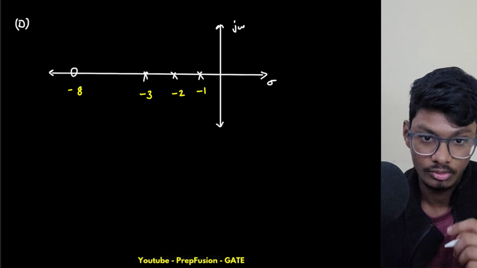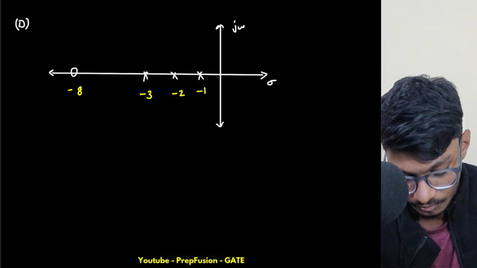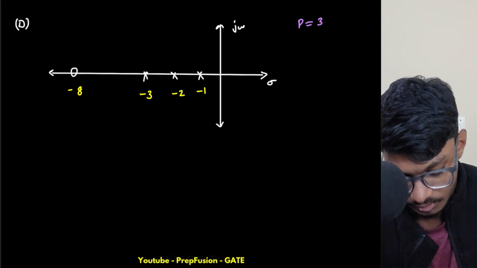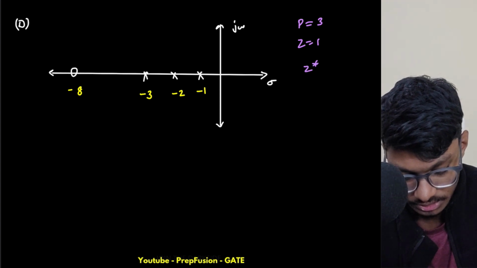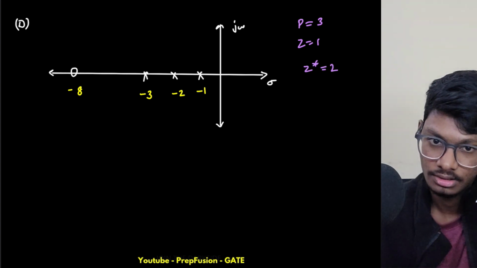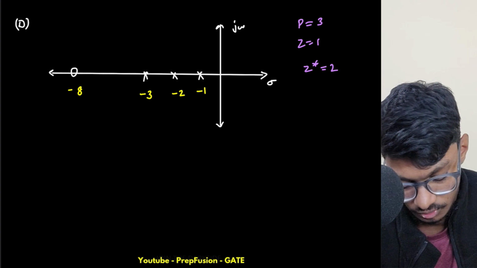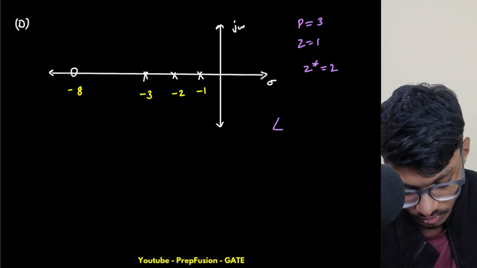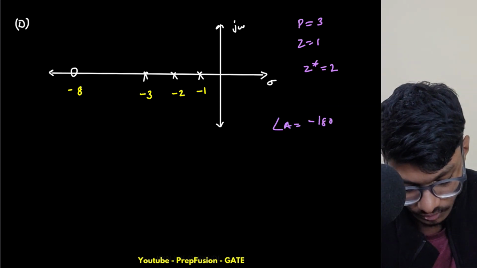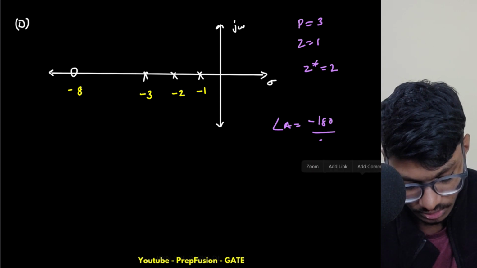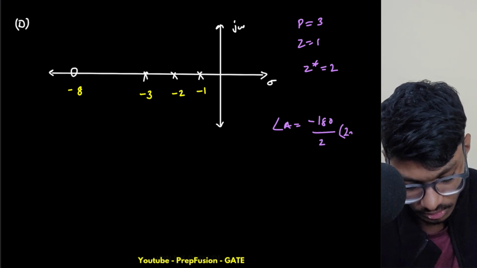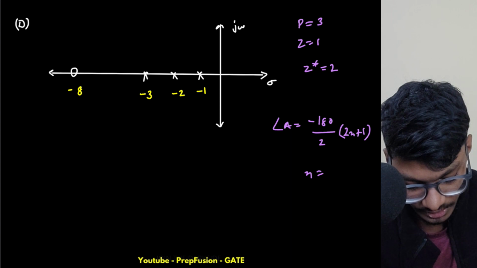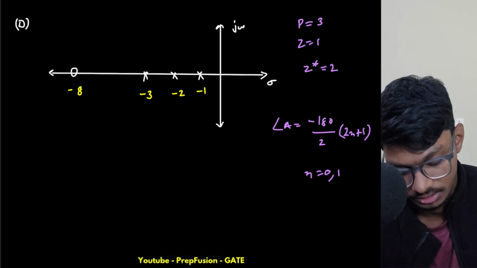So what will be my angle of asymptote this time? I have 3 poles again and 1 zero, so P minus Z is 2. If you do it perfectly, my angle of asymptotes will be 180 divided by P minus Z, which is 2, into 2n plus 1, where n varies from 0 to 1.